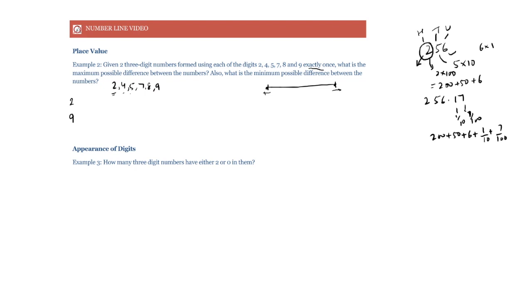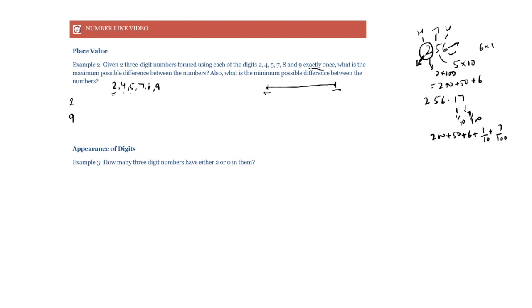The weightage given to it is 100, whereas the weightage given to this digit is only 1. So that is why we'll try and use the smallest digit in the hundreds place to get the smallest number, and we'll try and use the greatest digit in the hundreds place to get the largest number.